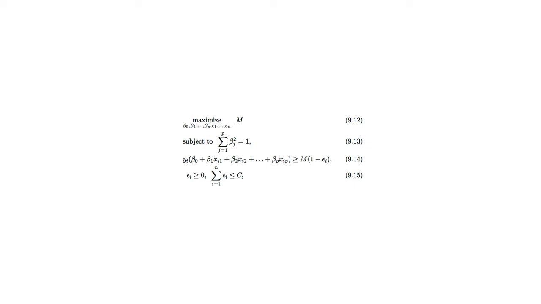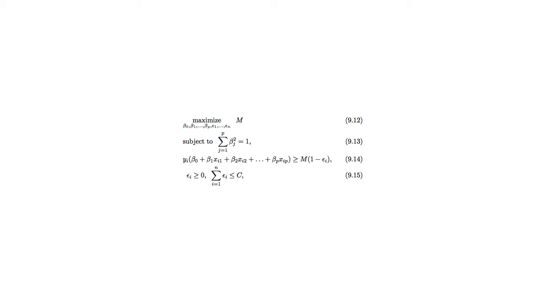So those slack variables are now constrained by C. That capital C there is a tuning parameter, such as we've used in some of our previous encounters with techniques. And in this tuning parameter, if it equals 0, that means we allow no slack. If C equals 0, it basically means we're using the maximal margin classifier.